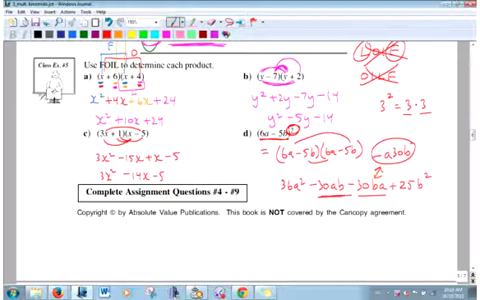So let's be consistent and write it the same. If that's an AB, let's write that as an AB. Those are the same. I got minus 30 minus 30, minus 60 ABs, 36a squareds, and 25 b squareds. Okay?